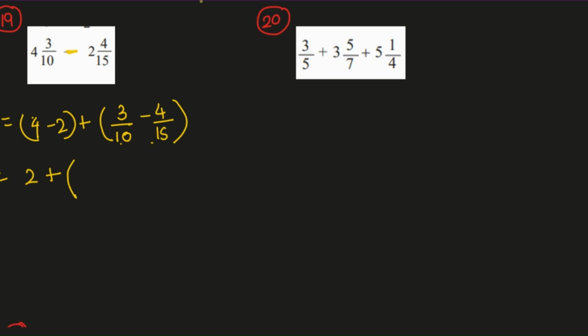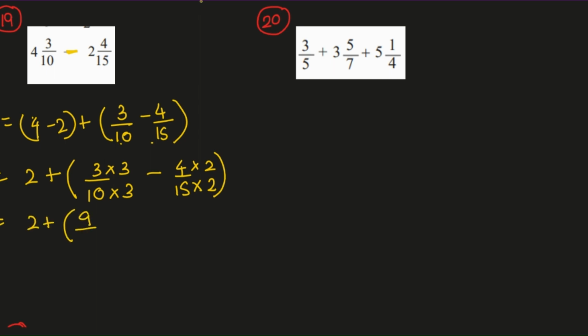Do your own calculation. Okay, I will simply calculate here. Then 3 upon 10, in order to convert 10 into 30, I am multiplying both the numerator and the denominator by 3. Then in order to convert 15 into 30, I am multiplying both the numerator and the denominator by 2. Great.